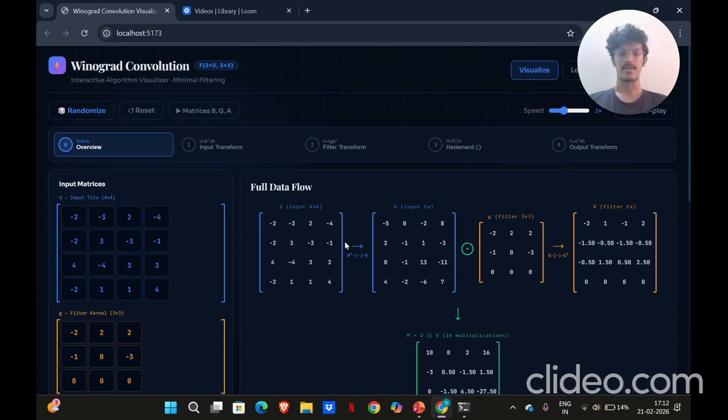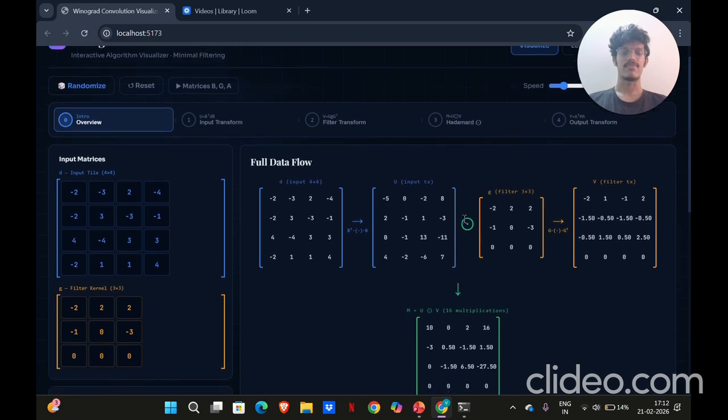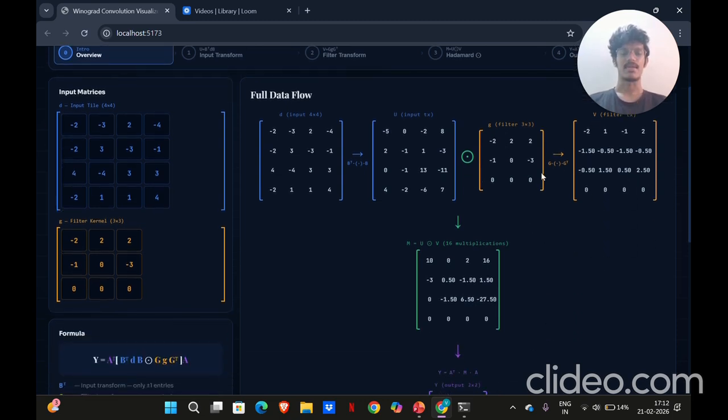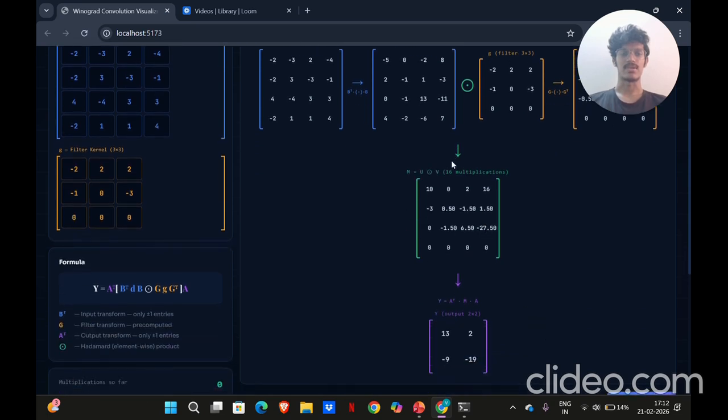We start with the input matrix, perform the following computation, and we get this input vector. Then we perform the Hadamard element-wise multiplication with the filter to obtain these values, and these values are further computed.